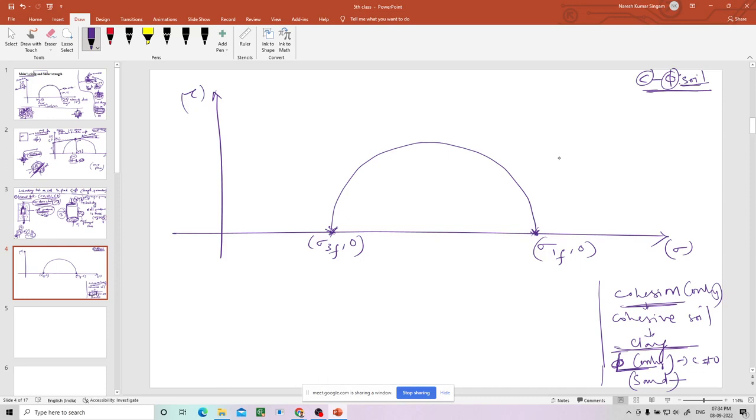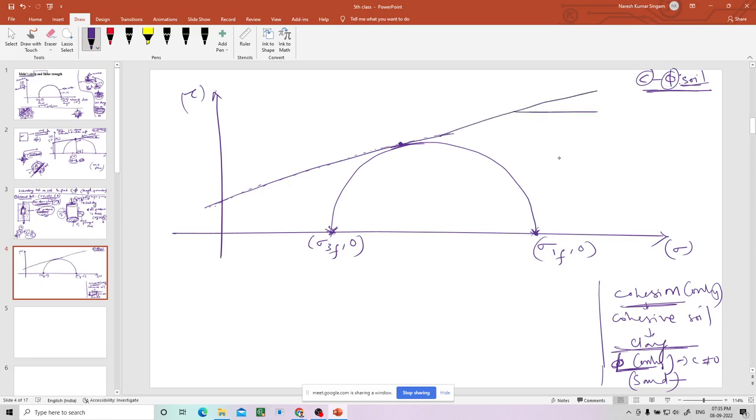Now for them, we will consider the failure envelope like that. I'll just draw a failure envelope such that it touches, let us say, at this point. Now this is the failure envelope.